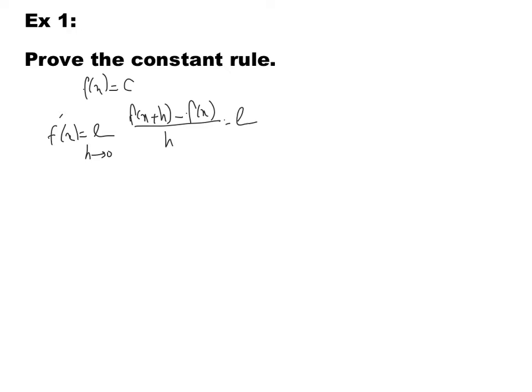But remember, f of x is c, there is no x involved, so if I change x to x plus h, the function becomes c again. So we have c minus c divided by h, c minus c is 0, and we know that the limit of a constant is equal to the constant, which is 0. So this proves the constant rule.